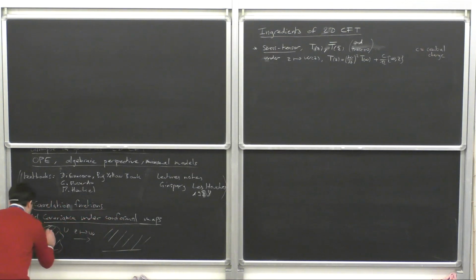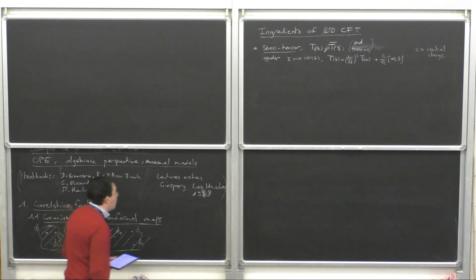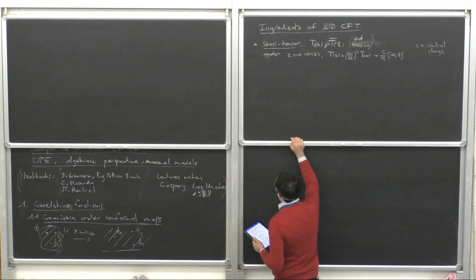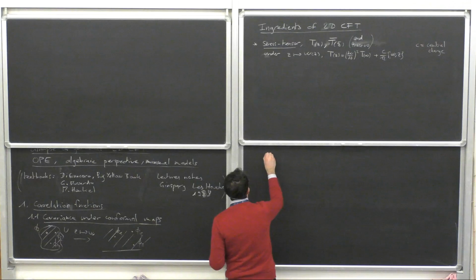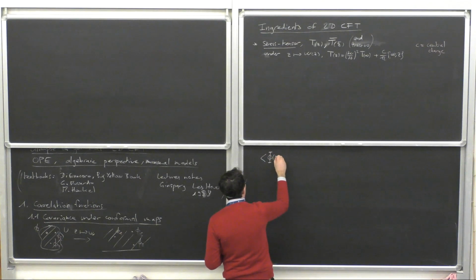Then if we put some operators here, phi1, phi2, phi3, those map to some points here. Then if the operators are nice enough, they will obey the following identity.